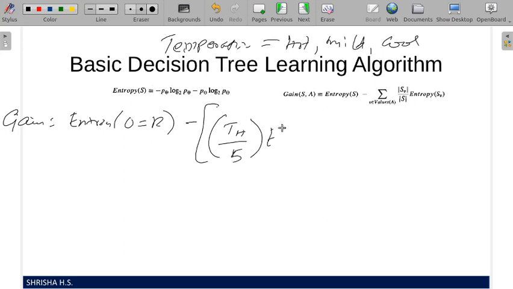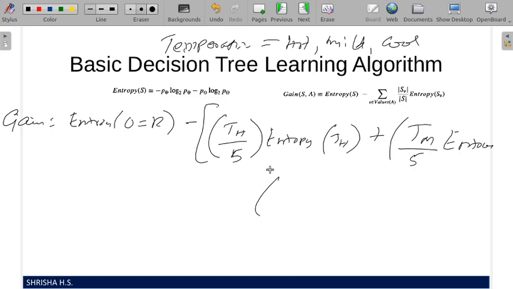Multiplied by the entropy where outlook equal to rain and temperature equal to hot. Next, the number of instances where temperature equal to mild out of 5, multiplied by the entropy where outlook equal to rain and temperature equal to mild.